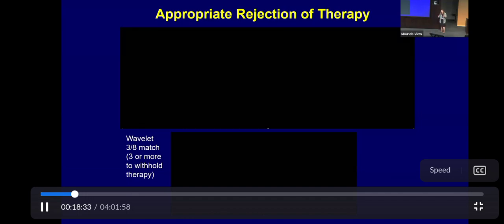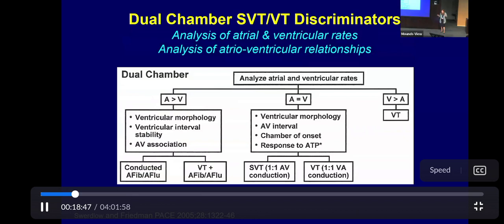It was very similar to the underlying stored electrogram, so it rejected therapy and did not deliver therapy there for VT. These different discriminators, even for a single chamber device that doesn't have an atrial lead, are really excellent and really successful in identifying SVT and rejecting therapy if it's SVT, so you don't get inappropriate therapy.